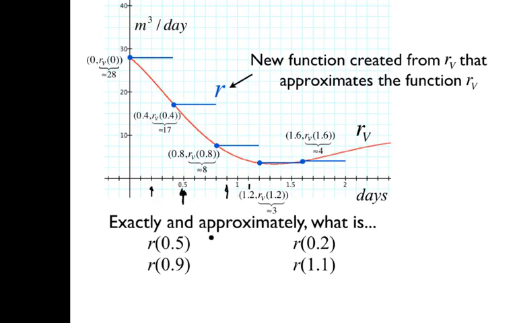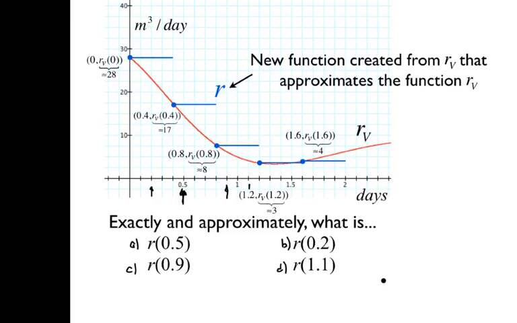Here this is A, B, C, and D. So express each of these values of R in exact terms, and then approximately also. Okay, take a minute, think about that. When you're ready, talk to the people around you.